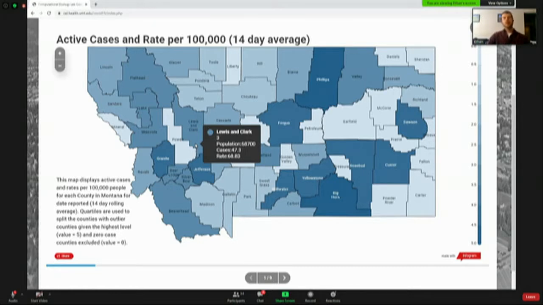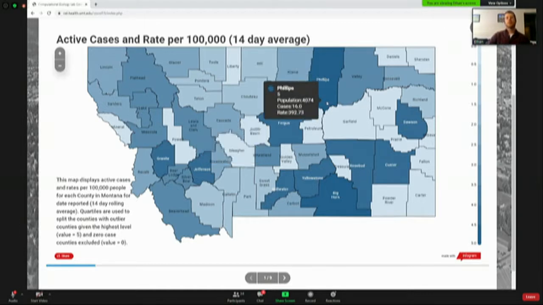And looking at a more extreme example, Phillips County has a very small population of a little over 4,000 people. So even though they had lower case numbers over the last 2 weeks, they've had a very high incidence rate per 100,000 individuals. This map is just a helpful tool to compare how we're doing compared to other counties around the state over the past 14 days.